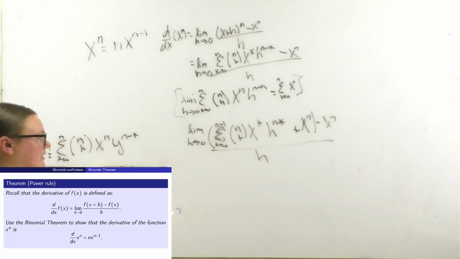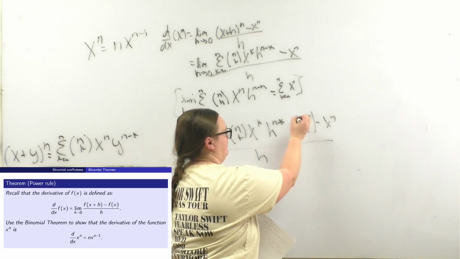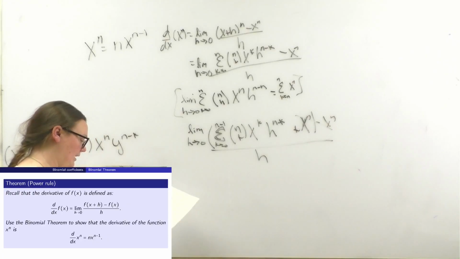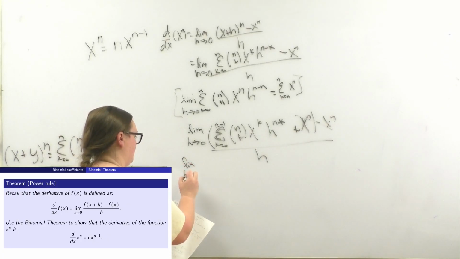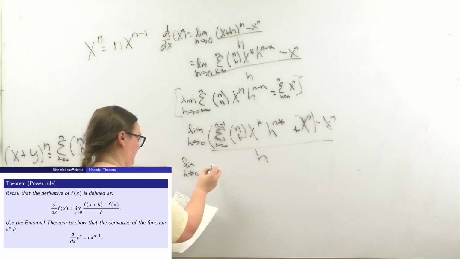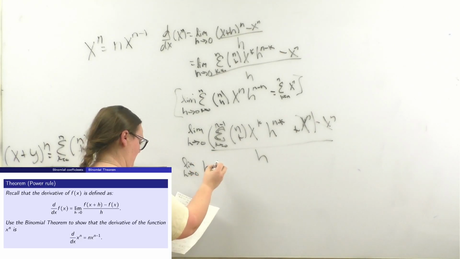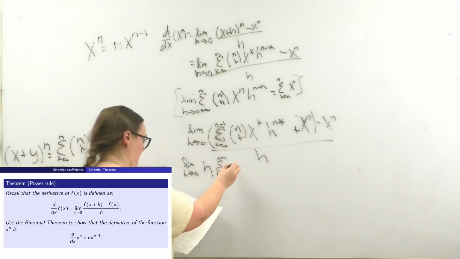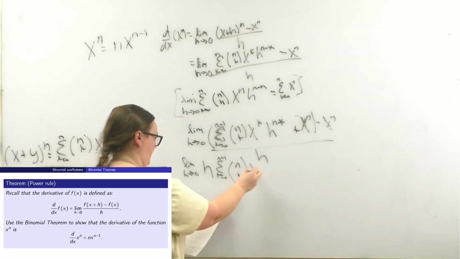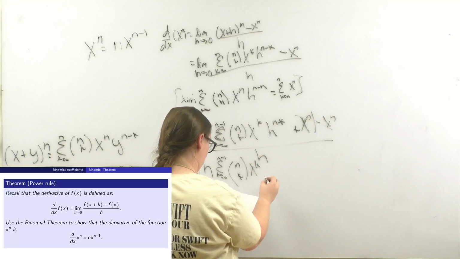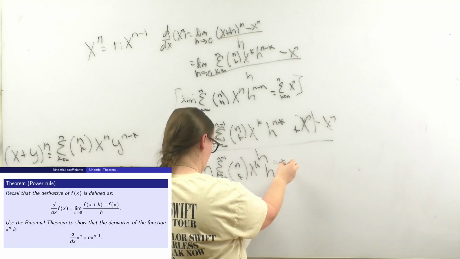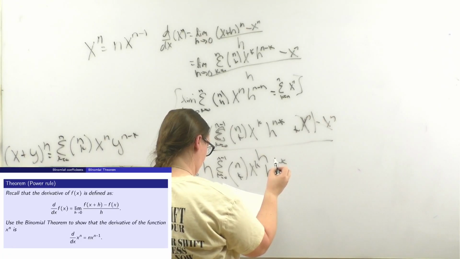I think it's okay. This is an x. Those go away. Okay, moving on. Then we have the limit as h goes to 0 of, pull this h right here, and we have the sum from k equals 0 to n minus 1 of n choose k, x to the k, h to the n minus k minus 1.